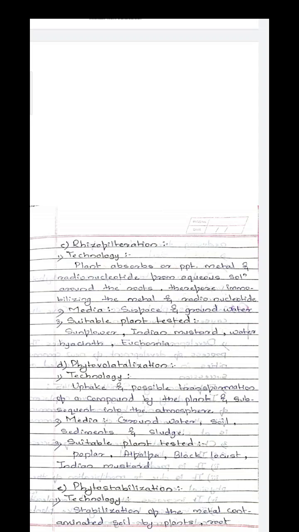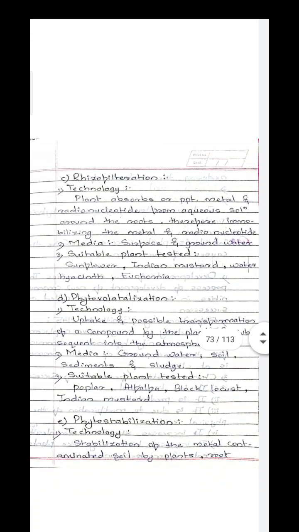So they will reduce the pollutants from the groundwater, soils, as well as sediments and sludges. In phytostabilization, the stabilization of metal contaminants in the soil by using the plants happens.